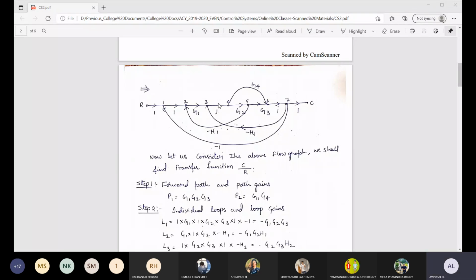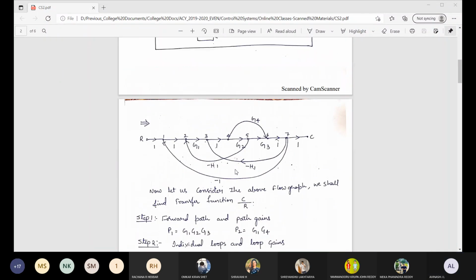We shall find the transfer function C by R by considering the forward path, individual loops and loop gains. Can you do it, all of you?